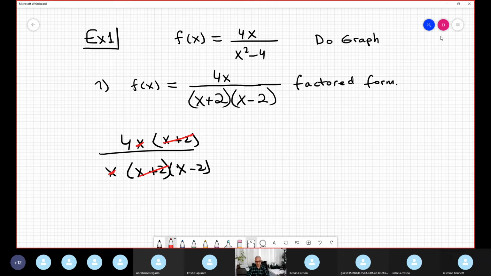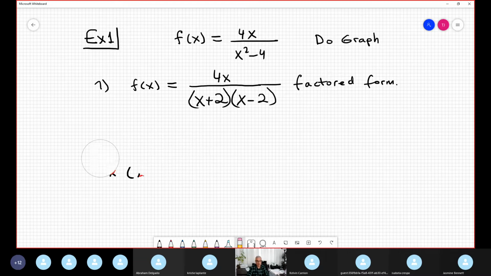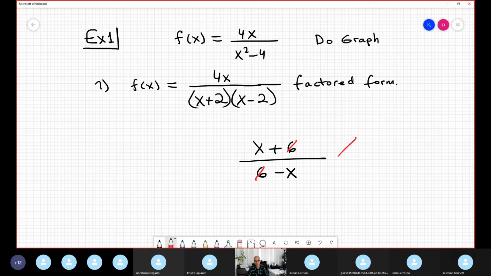Okay, I understand. Some people believe, suppose, for example, you have x plus 6, and you have 6 minus 6. You can cancel out this 6 and this 6. The answer is yes or no?